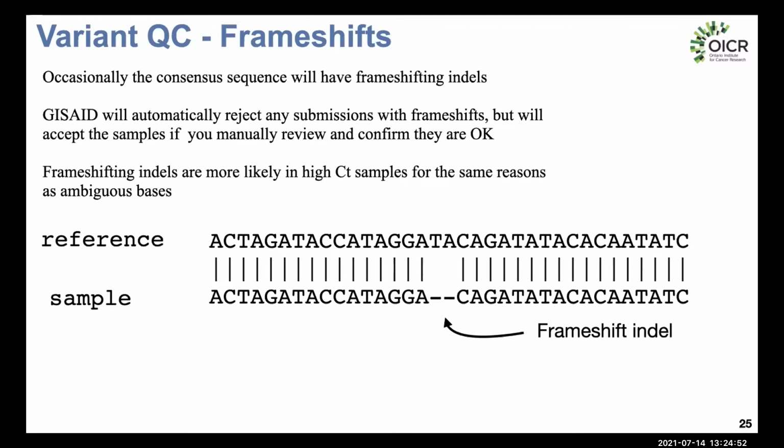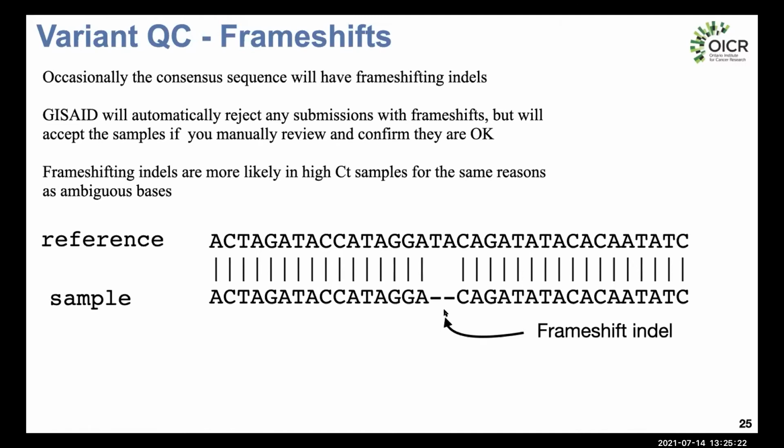So we run every consensus genome through a variant effect predictor called either SnpEff or BCFtools to look for any proteins that have a frame shifting mutation in them, like this one does here. If the sample has a frame shifting mutation, we flag it for manual review, as if you try to submit a sample that has a frame shift to a database like GISAID, it will automatically reject it.